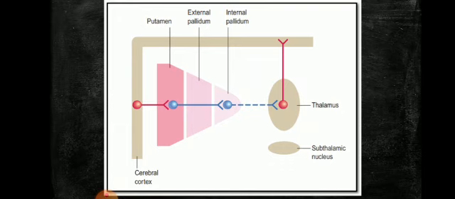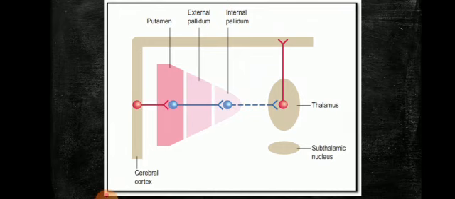What happens is, the red fibers from the cerebral cortex which ended in the putamen released glutamate, an excitatory neurotransmitter, and it will increase the activity of the blue neuron starting from the putamen and ending on the globus pallidus internus.